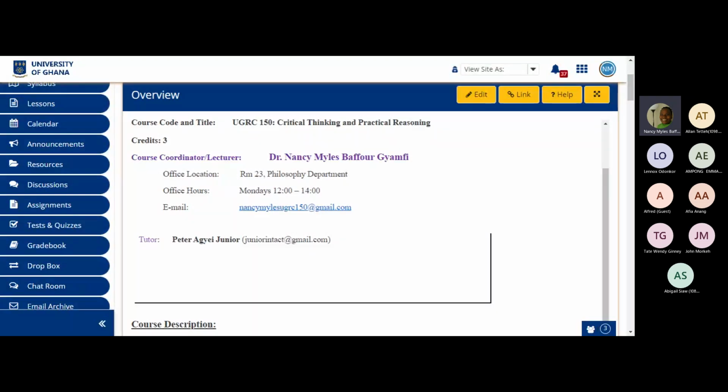So I'm communicating all these for clarity, not just because I'm the lecturer and the examiner for you this semester, but also because I coordinate the course, and some of the concerns that come are very worrying. So we don't want you getting led astray for weeks before you get to the correct information.